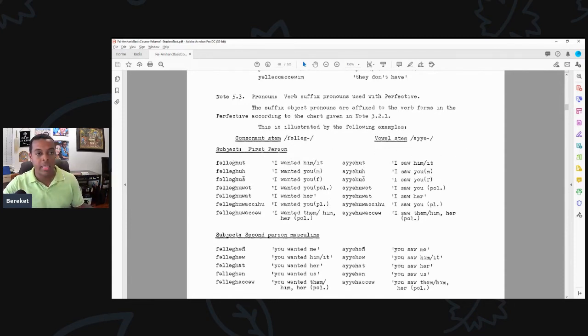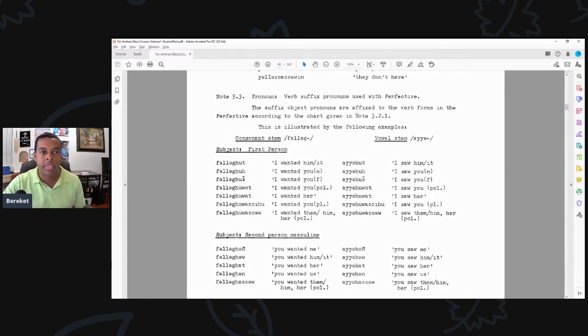We see the falag, that H there indicating the first person singular, and then the T at the end indicates the third person masculine singular pronoun. So falagu is the I wanted part, and then the T is the him or it part.